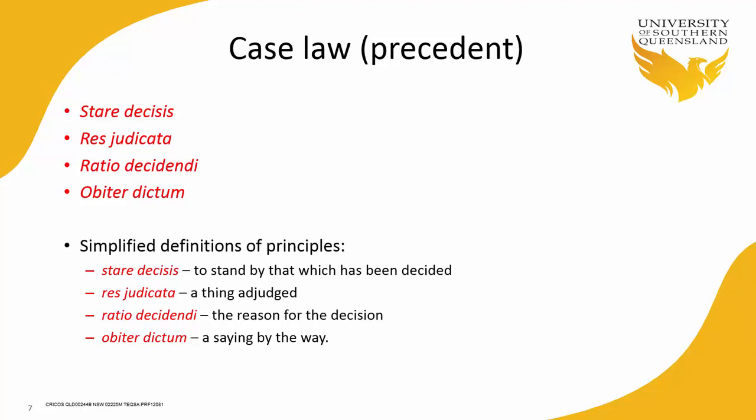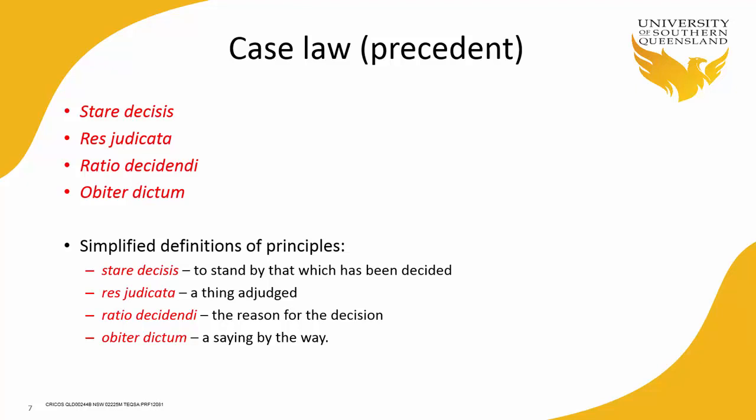This was especially important before the proliferation of statute law and really the supremacy of Parliament in relation to the creation of law. So under the common law system, a court is bound to follow decisions of courts higher than it in the same hierarchy of courts. What does that mean?